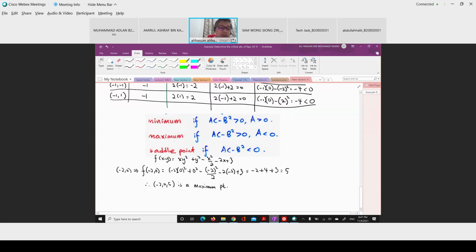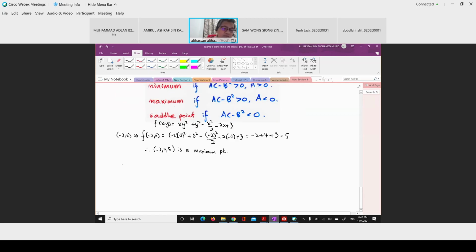For the second, I've already calculated the value. It is equal to 4.5. So the point minus 1, 1, 4.5 is a saddle point.